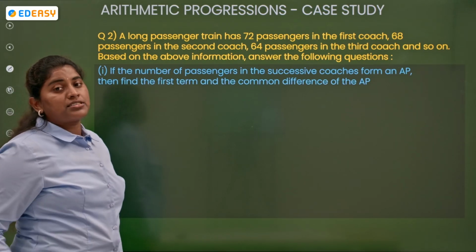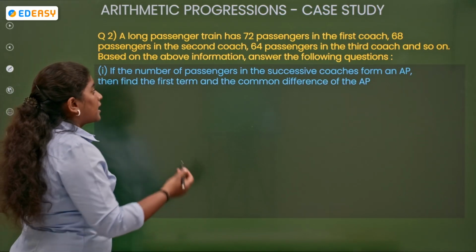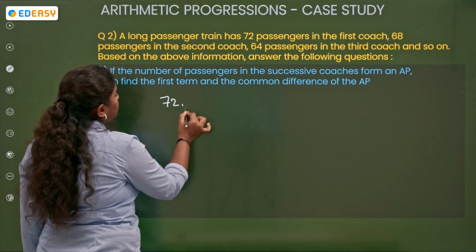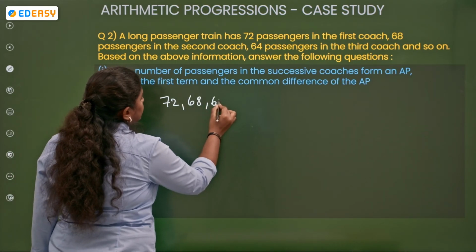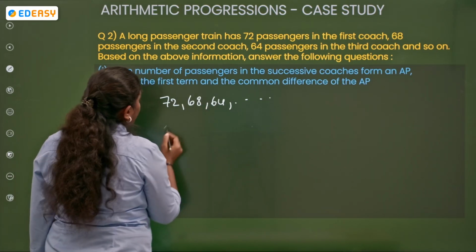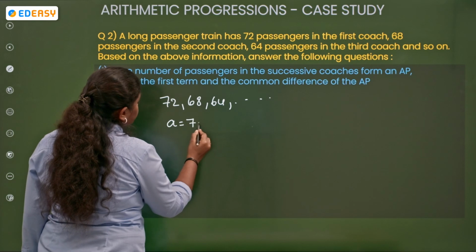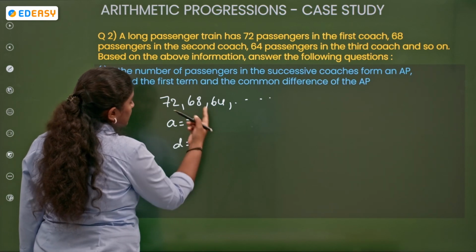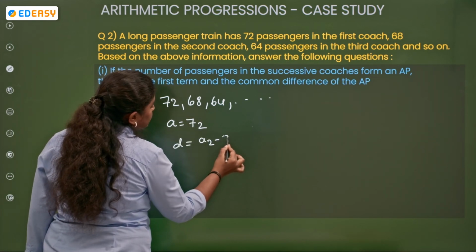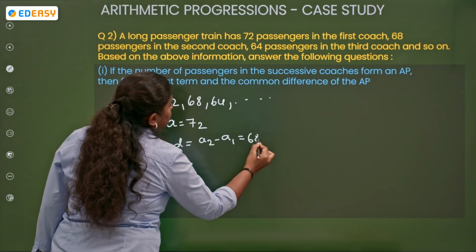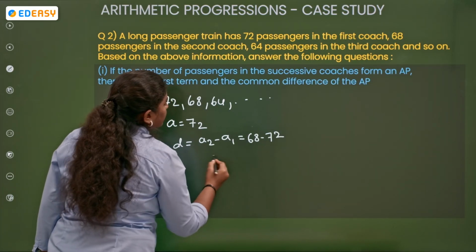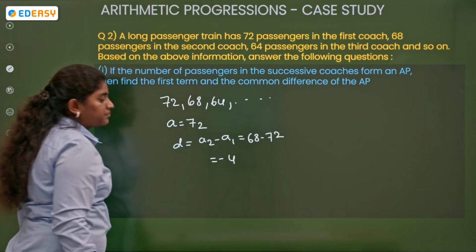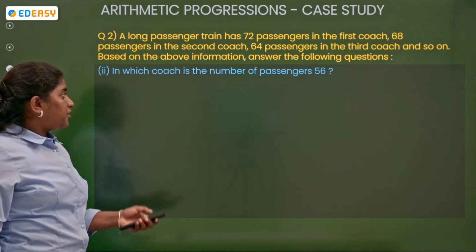Then find the first term and the common difference. Coming to here, first one is 72, 68, 64, and so on. Now what is the first term? 72. And what is the common difference? It will be given by A2 minus A1, which is 68 minus 72, which is nothing but minus 4. Clear?